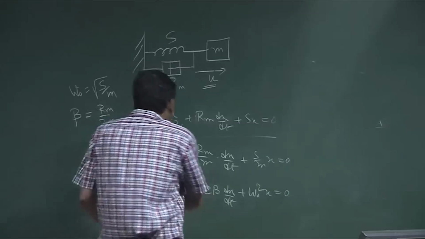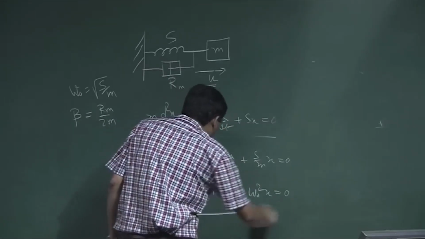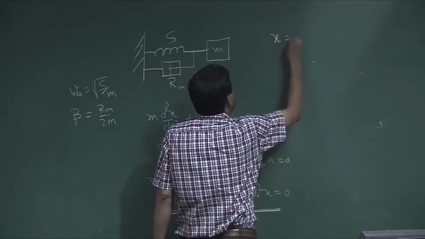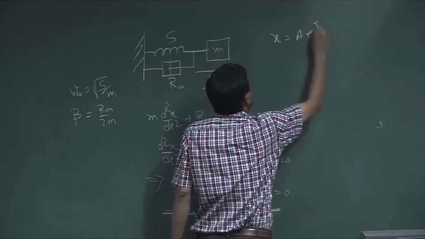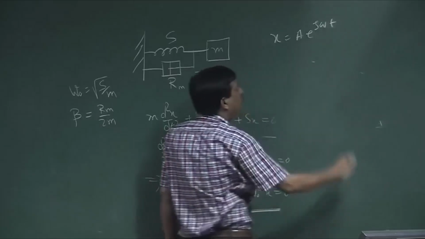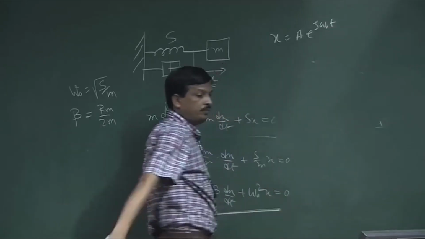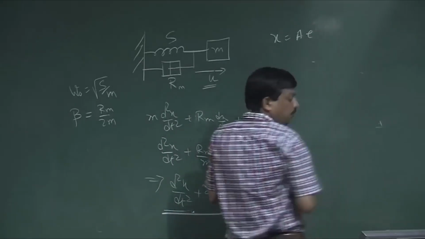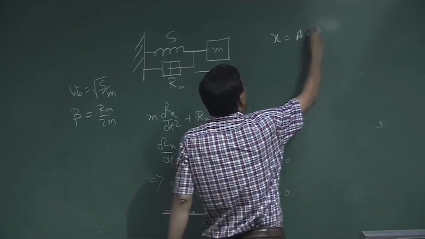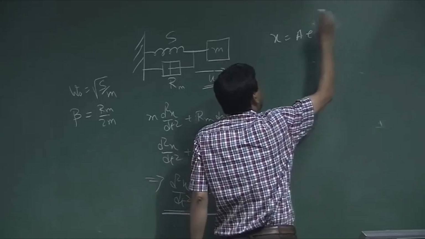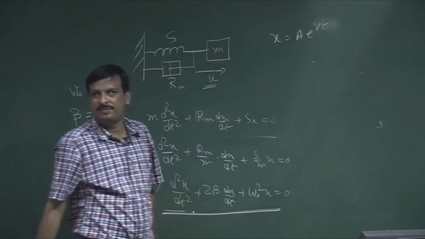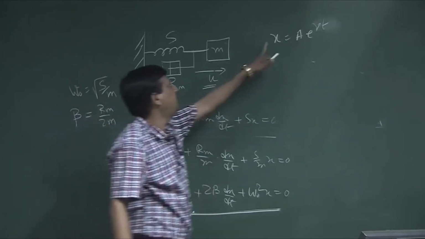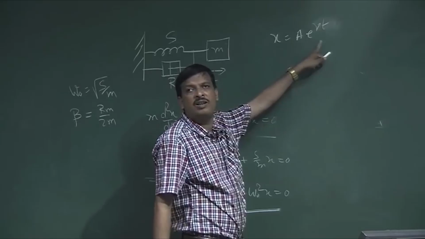Now, this is also a second order differential equation. The solution is an exponential solution: x is equal to a e to the power gamma t.